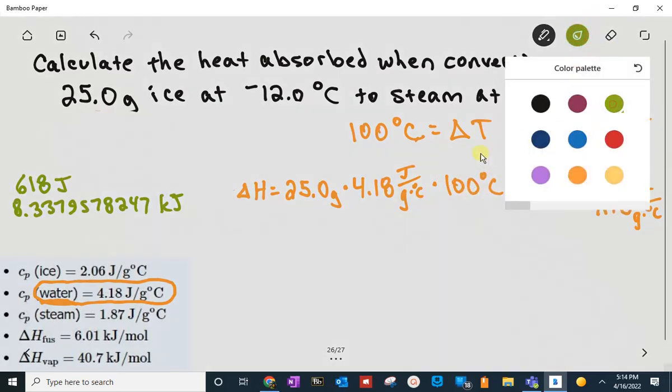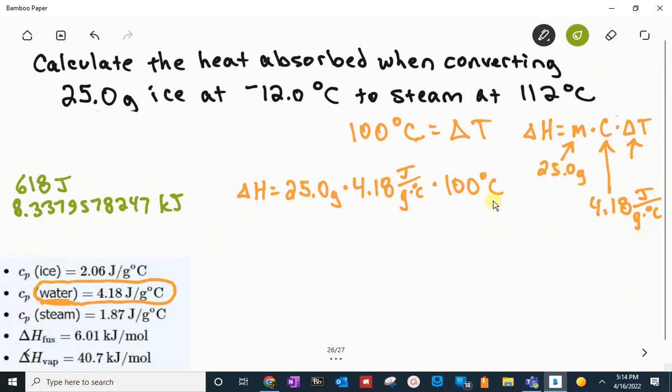So before we do any math, we need to cancel out what we can. We have grams here and grams on the bottom of this fraction bar, and we have Celsius on the bottom of this fraction bar and Celsius right here. So that just leaves us with joules. Now we just have to take 25 times 4.18 times 100, and that is going to give us 10,450 joules.